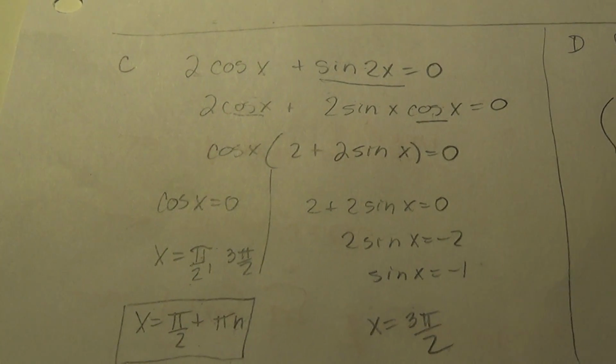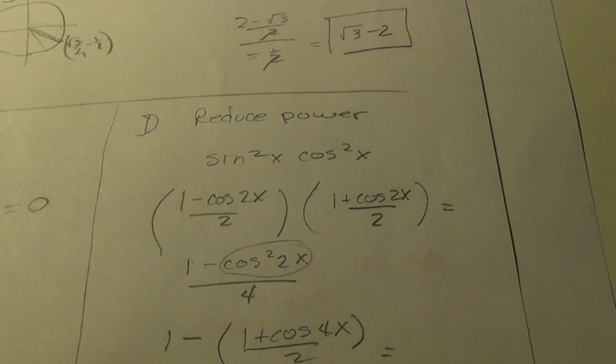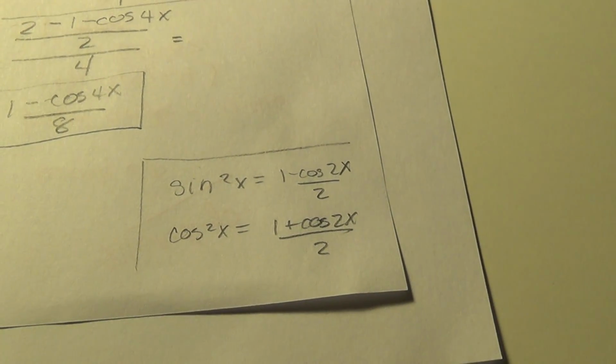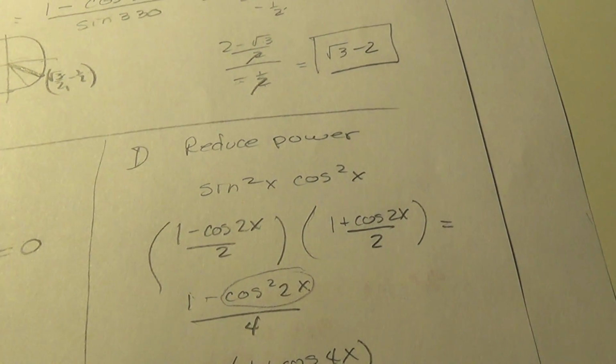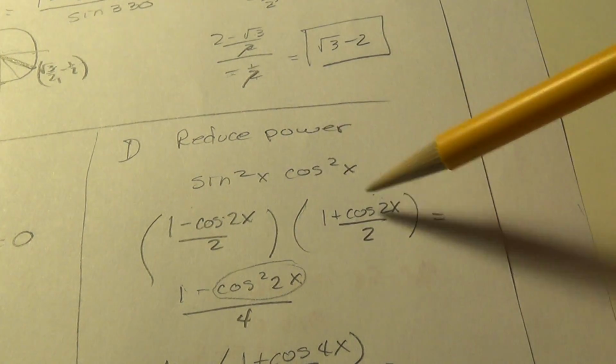All right. Fourth one was a power reducing one. The formulas are tucked down here. So I replace both of those expressions in this problem. I notice the top times the top are conjugate pairs.